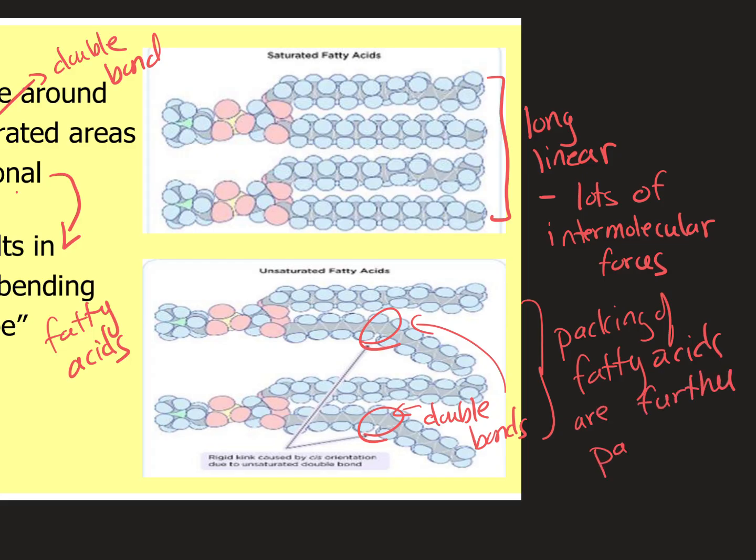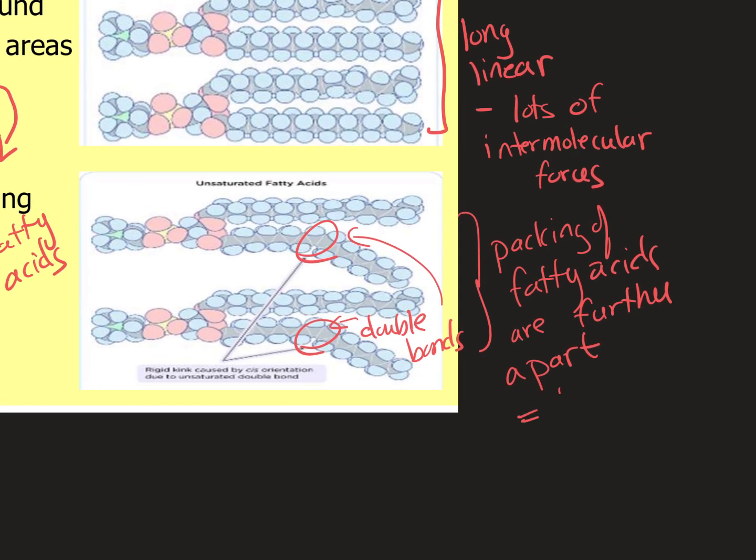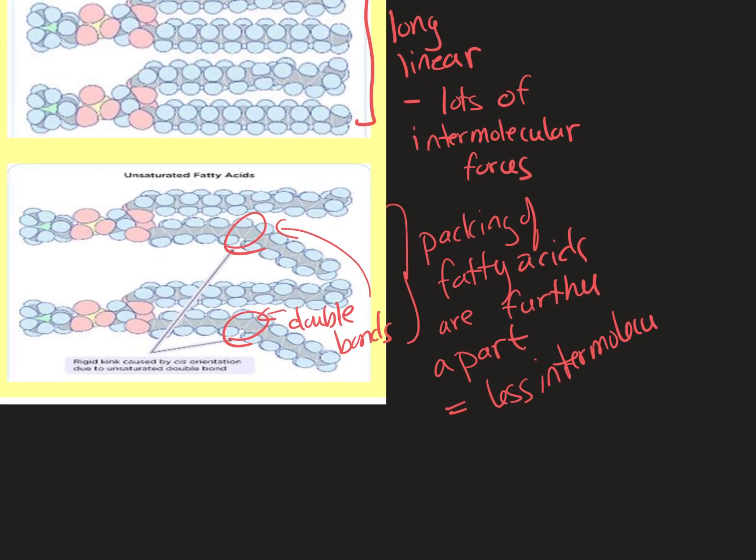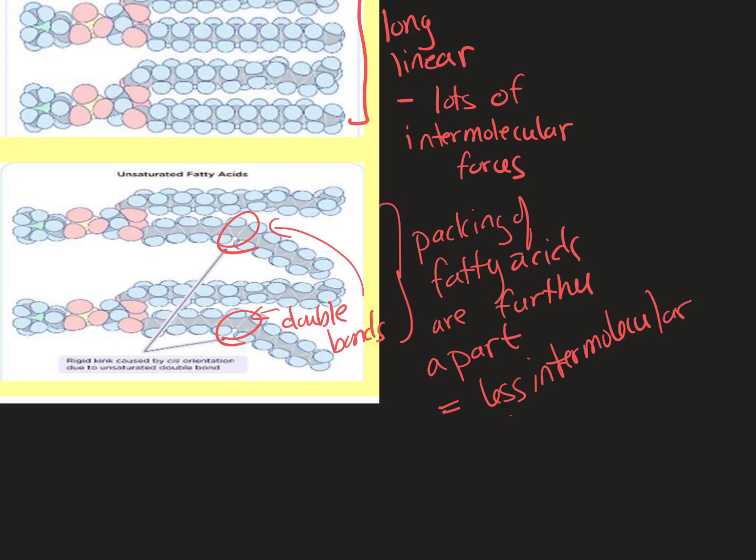They're further apart. So you have fewer intermolecular forces, so forces between the molecules. And that's why these are liquids, and that's why these are solids at room temperature. It's all about the chemistry.